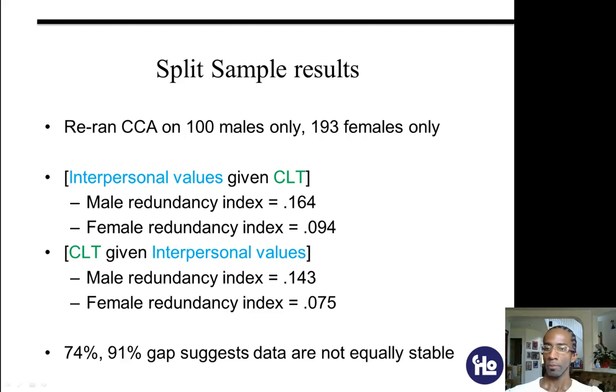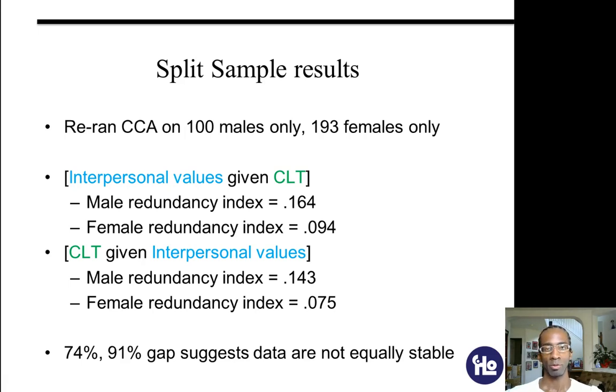In other words, the male redundancy index was higher in this set than this one, and it was also higher in this set versus this one. So there was a consistent gap in the redundancy indexes, and that tells you that these groups were not equally stable across the canonical correlation.